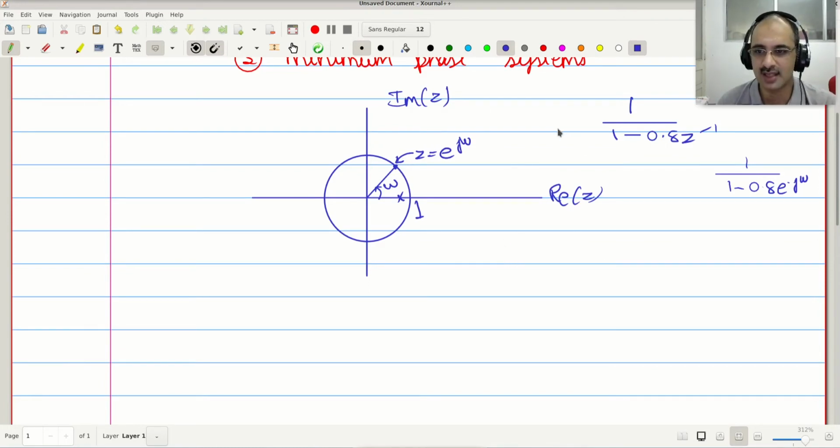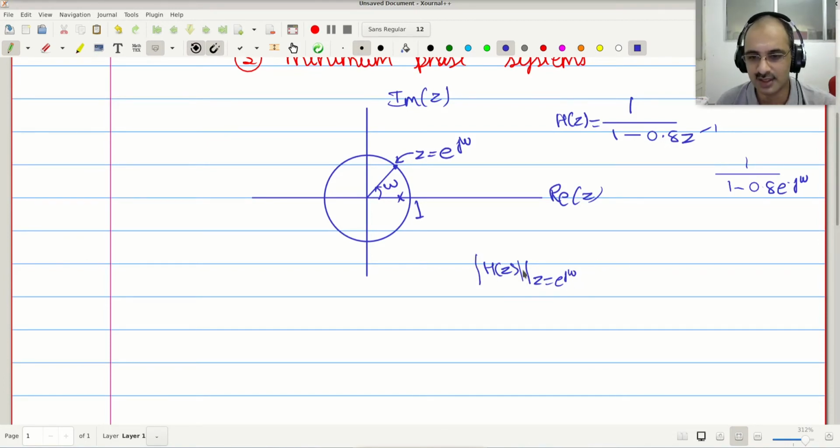Take H of z, substitute z equal to e power j omega, and put a magnitude.